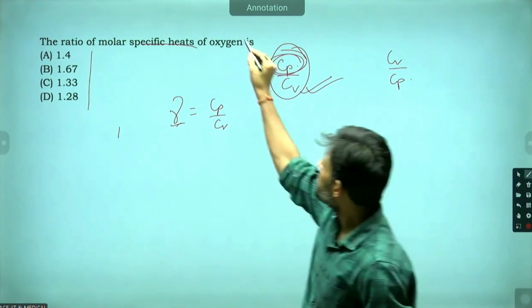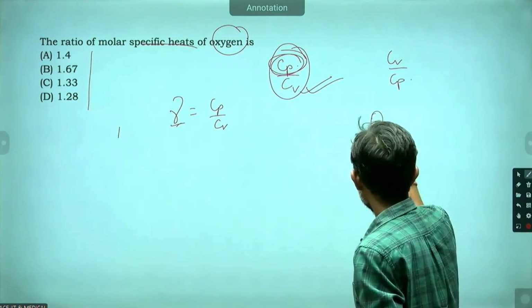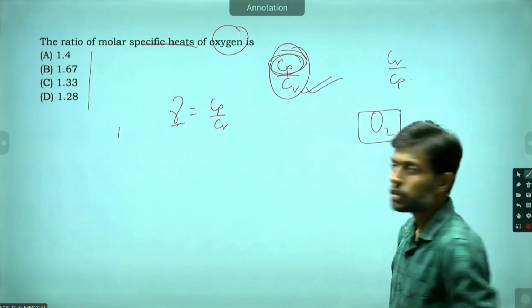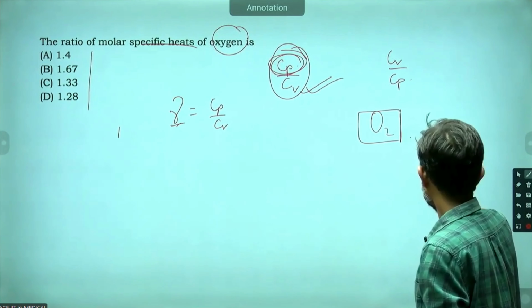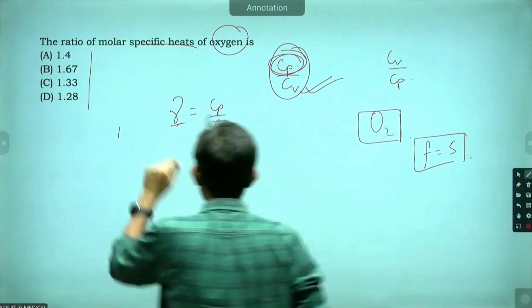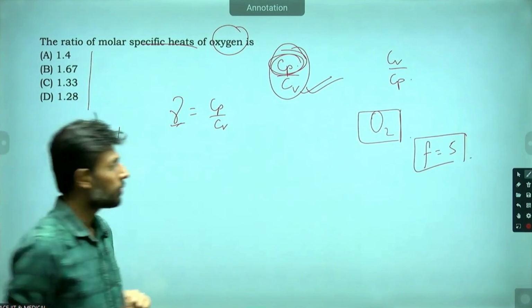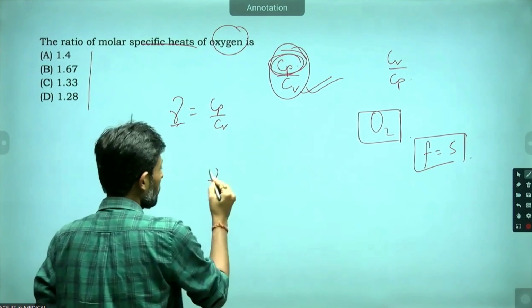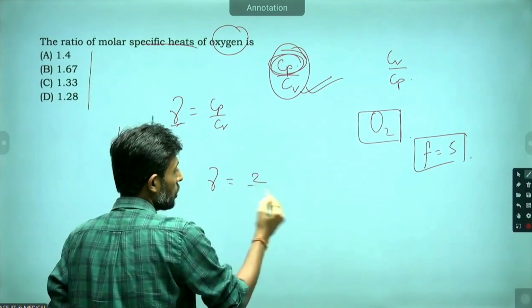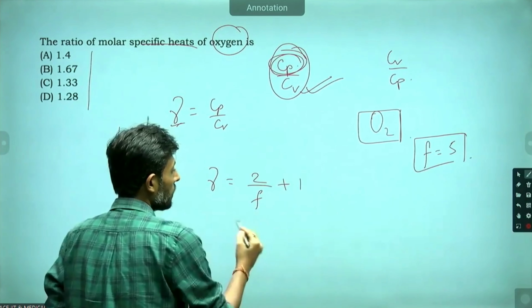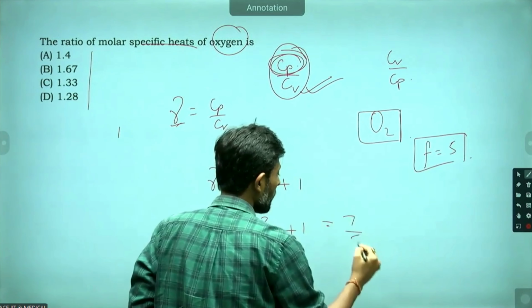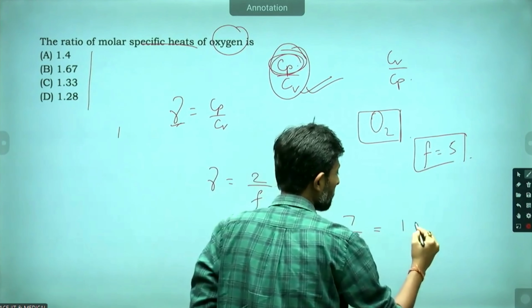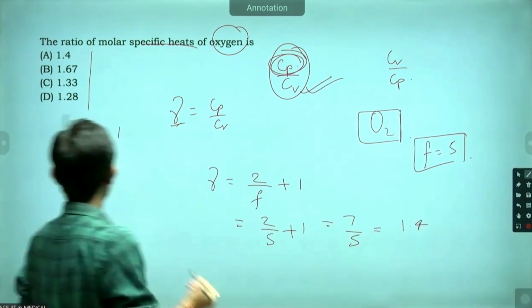Anyway, oxygen is a diatomic gas. We know that. So how many degrees of freedom for this? Degrees of freedom, 5. If those many degrees of freedom are there, can you say what would be the value of gamma? It's 2 by F plus 1, 2 by 5 plus 1, 7 by 5, 1.4.